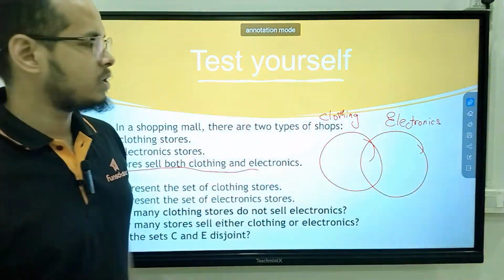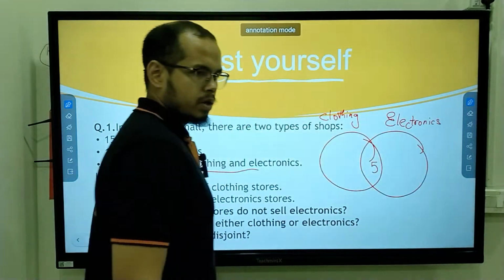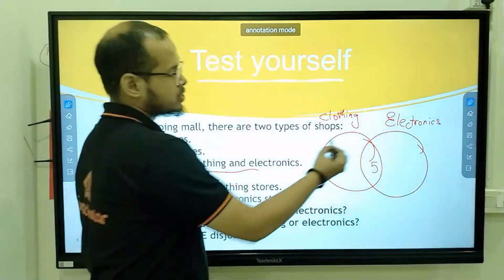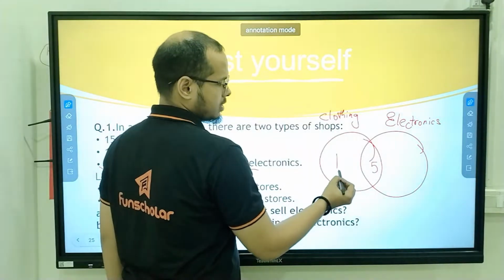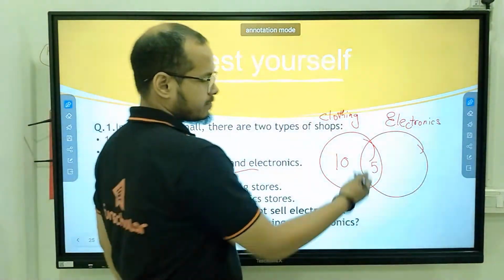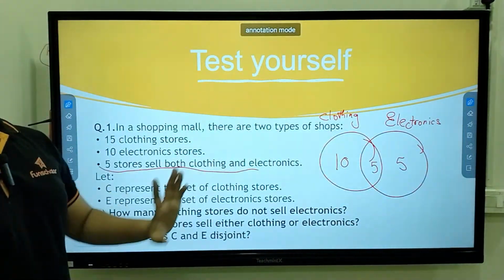So in the middle, five. Now, the total clothing stores are 15, and we already have 5 here. So the remaining is 10, because 10 plus 5 gives us 15. Similarly, there are 10 electronic stores, and 5 is already there, so 5 more.